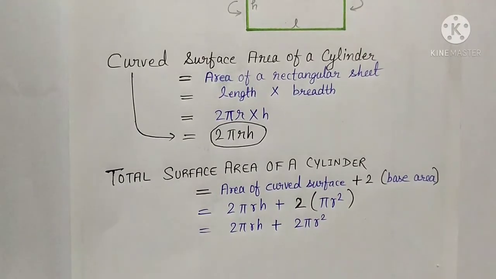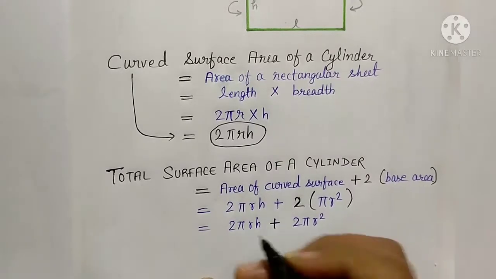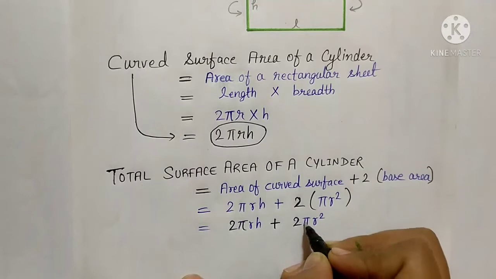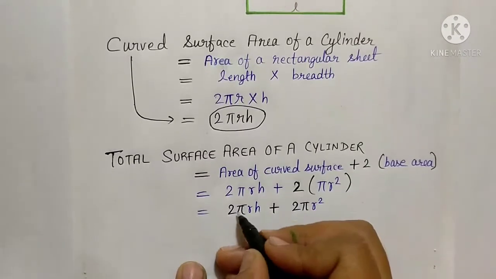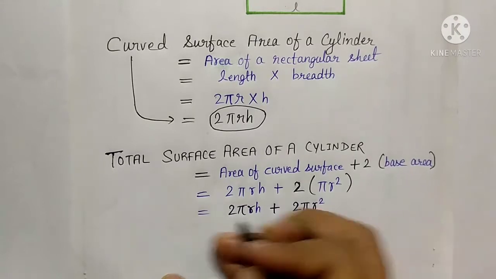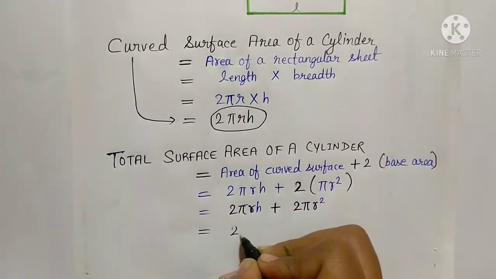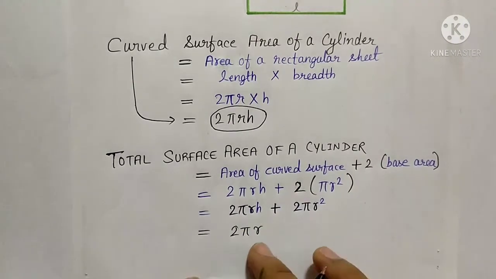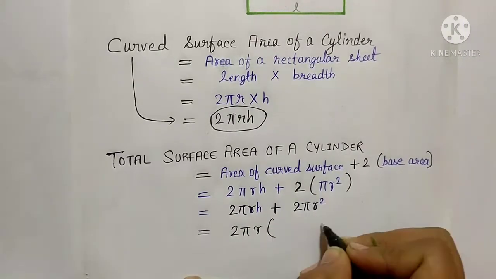Now let us check which terms are common. 2 is common, pi is common, and r is common in both. So we can take 2 pi r as common and open the bracket.